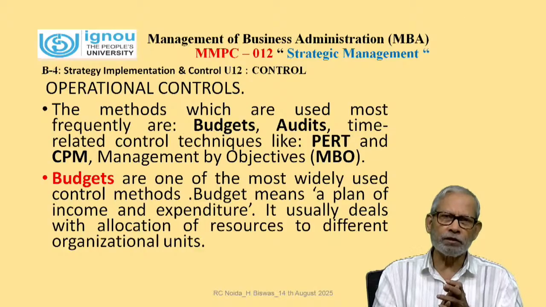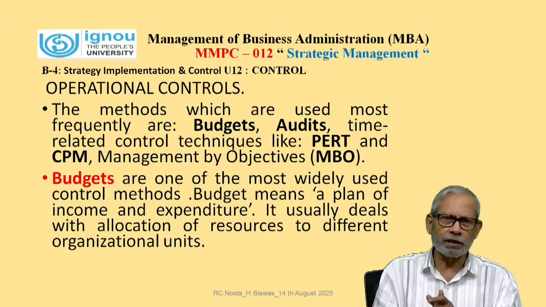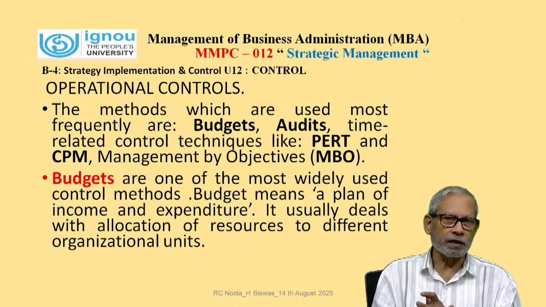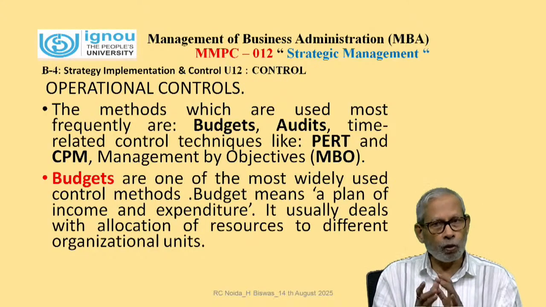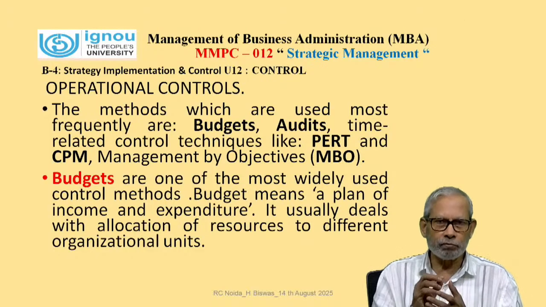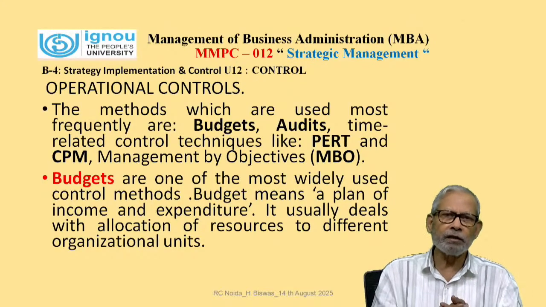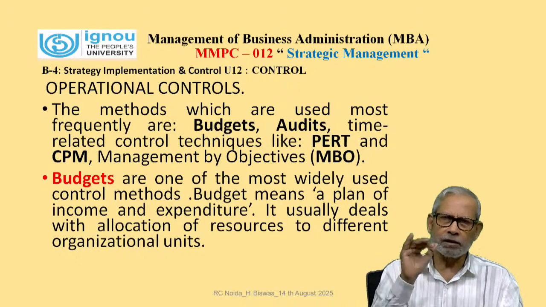Fund allocations and fund diversions, you can picture from the budget itself where the company stands. Audit also sometimes gives guidance on whether design, manpower, strategy, planning, everything is in the right direction or not. So audit is required internally and externally also.